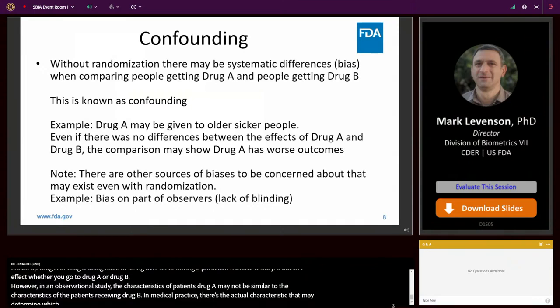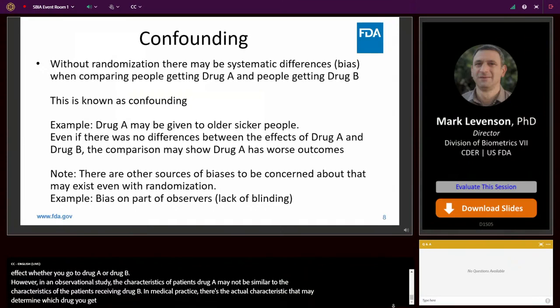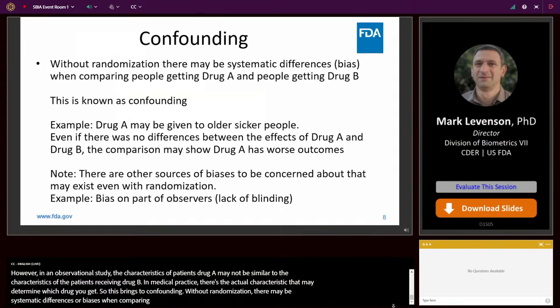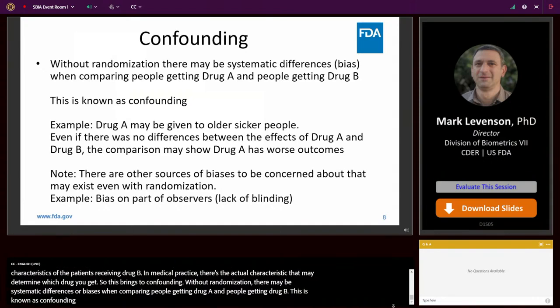So this brings me to confounding. Without randomization, there may be systematic differences or biases when comparing people getting drug A and people getting drug B. This is known as confounding. So, for example, suppose drug A is given to older, sicker people.